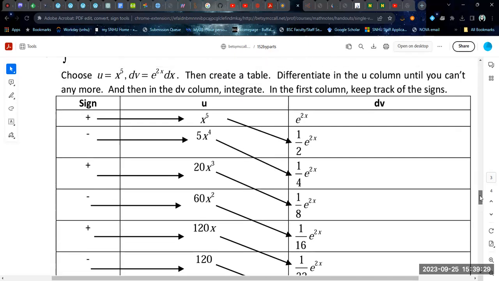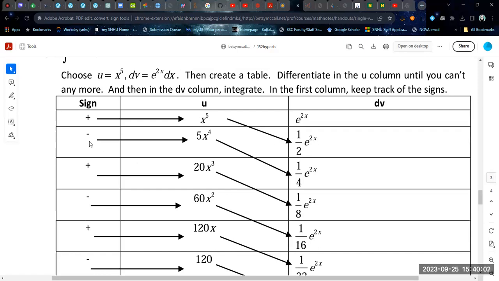Now, the way that this tabular method works is you need to combine a u with a v. And the v is the antiderivative of your original dv. So this is u, and you're going to multiply it with the next row down from your original u dv selection. And the sign on the line with the u goes with it. So positive 1/2 x to the 5th e to the 2x.